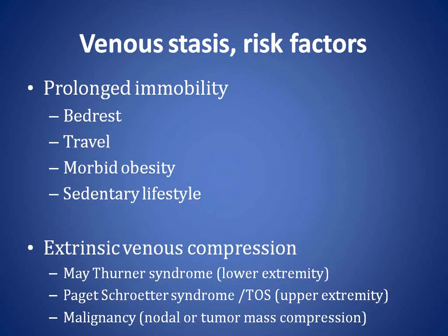That happens in the upper extremity. I'll show you a case of that. This is where the vein is pinched, and because of that, the blood isn't moving forward. Malignancy is obviously very common. If you have a pelvic mass or pelvic lymphadenopathy that can compress the veins or the IVC, that's a setup for stasis and DVT.